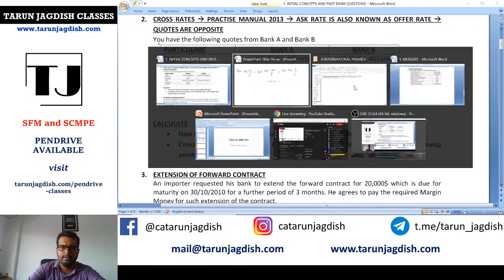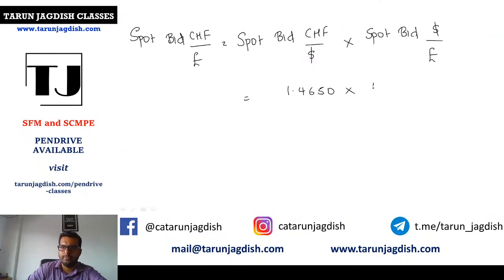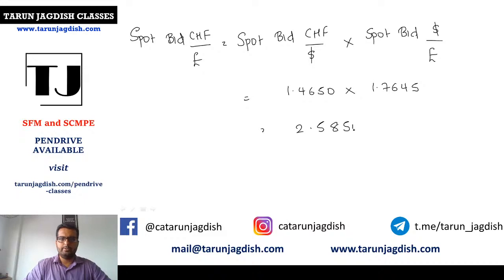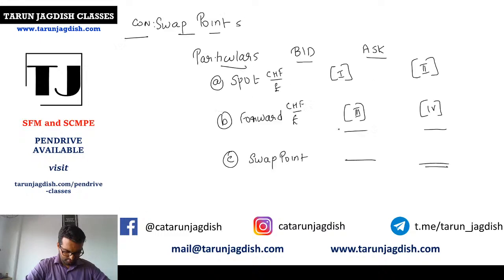Spot bid dollar bar sterling is 1.7645. If I multiply this, I'll get the answer as 2.5850 approximately. Am I right? Okay. So you will get the answer over here as 2.5850. Like this, you should do the ask one also and you get the answer.